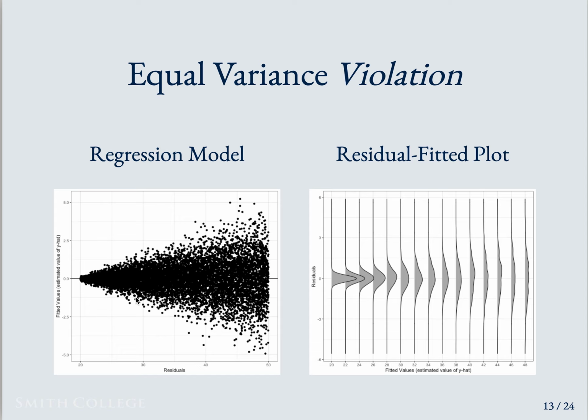where as the values are increasing, the residuals are getting further and further apart from each other. So this is a case where the model is doing a much better job at one point, I should say, and much worse at another point.